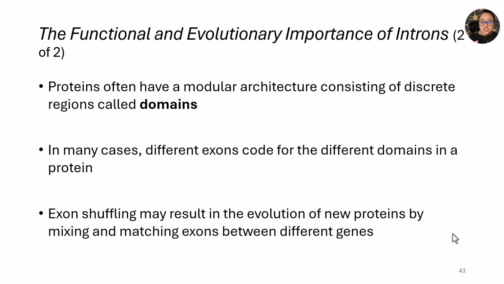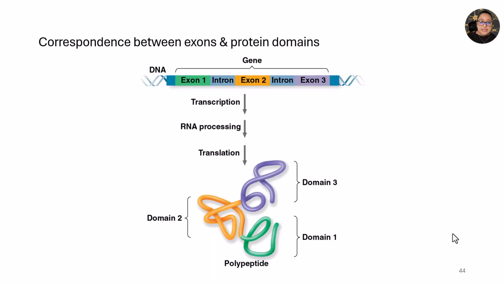So exon shuffling can result in the evolution of new proteins by mixing and matching exons between different genes. Here, if a gene has exon 1, some intron, exon 2, another intron, and then exon 3, and you express these 3 exons, you have this polypeptide with these 3 domains.